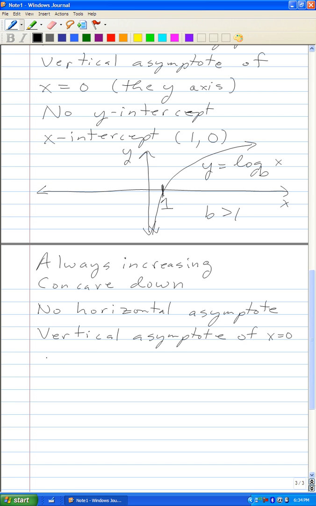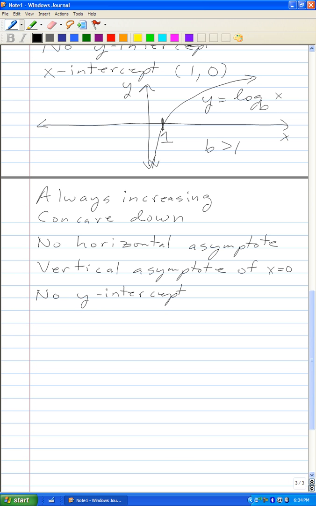It has no y-intercept. And it has x-intercept of (1, 0).